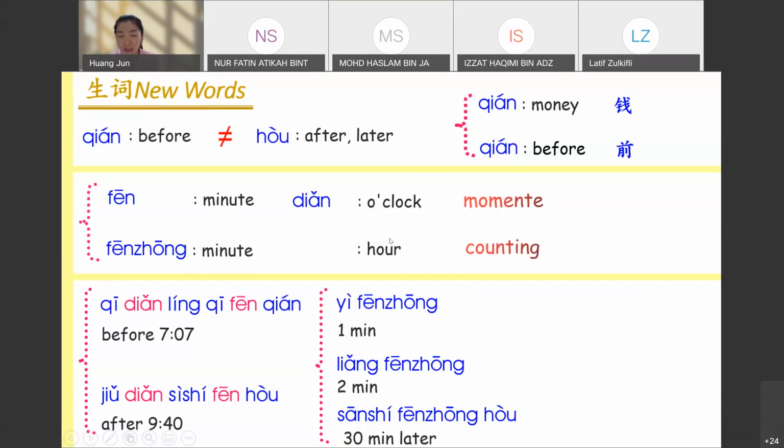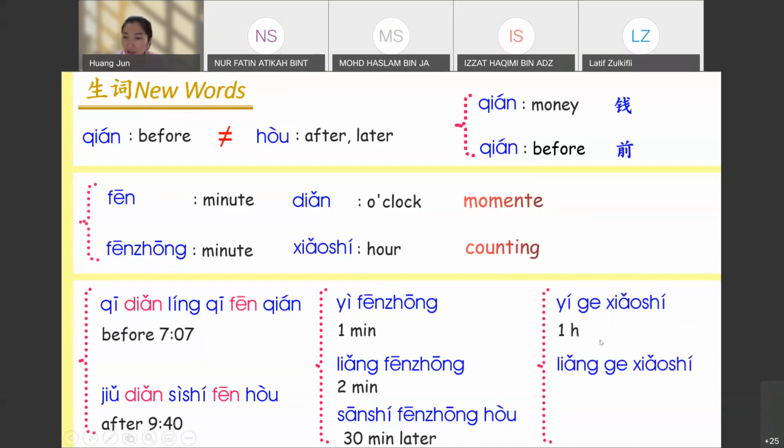In the book, they give you another word. Our word is 小时. So if they say 一个小时, used for counting, 1 hour, then they can say 两个小时, 2 hours. So if they're talking about 4个小时前, what's the meaning? Can you tell me? 4个小时前, what's the meaning?